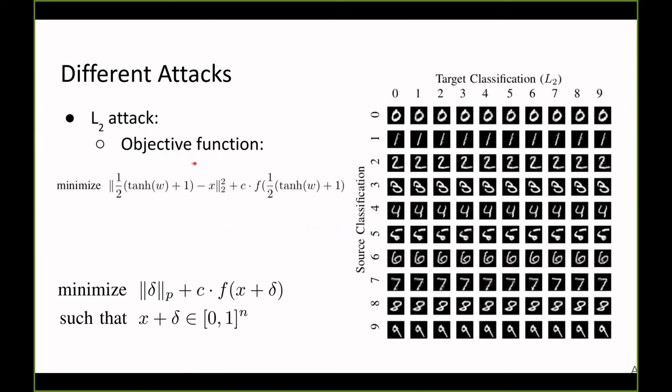This is the objective function. It follows the original function that they proposed, delta squared plus C times F(x plus delta). They put in that box constraint, tanh. This approach is based on JSMA, so it's also a greedy algorithm. And that's why they need to do multiple starts so that they are not stuck at any bad local optimum.